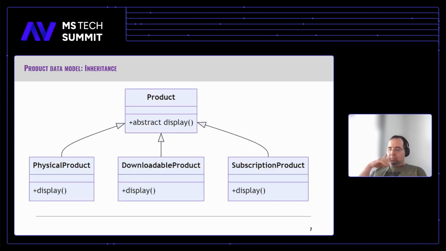You would typically model your product something like this. In your data model, you would have an abstract class with some common properties. Then maybe you have physical products, like, if we talk about a service like Steam, some discs and merchandise for the games.